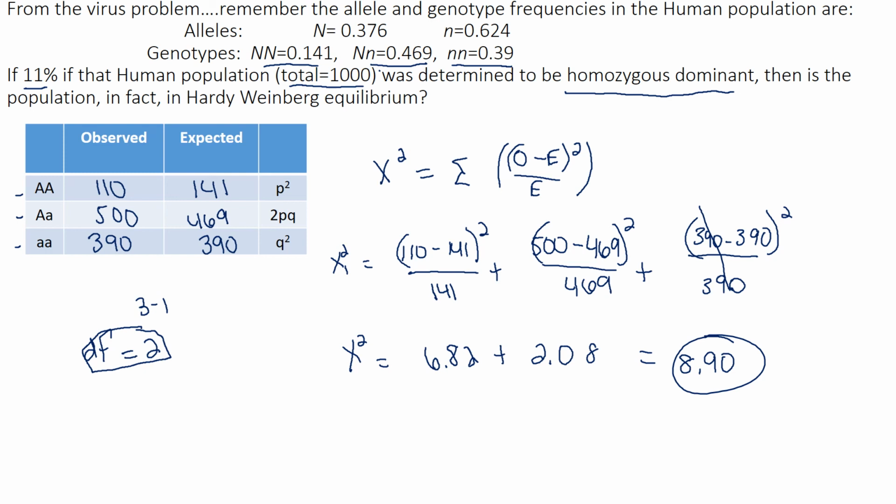So if you go across to 2, you're going to pass p equals 0.05, and then you're going to end up with a number between p equals 0.02 and 0.01.